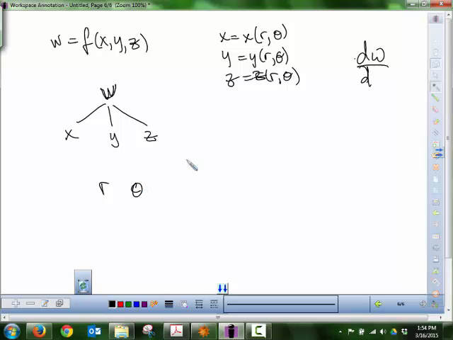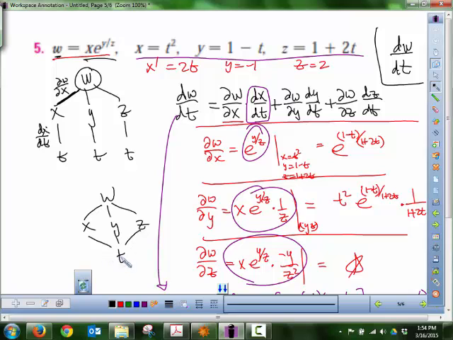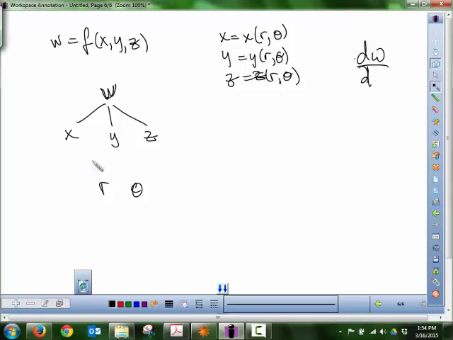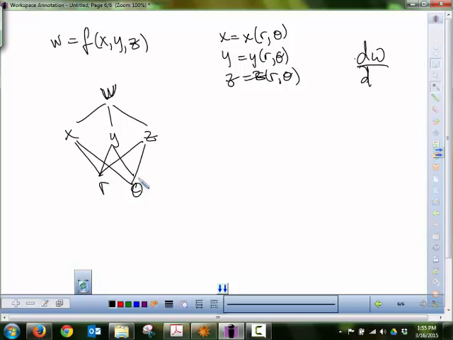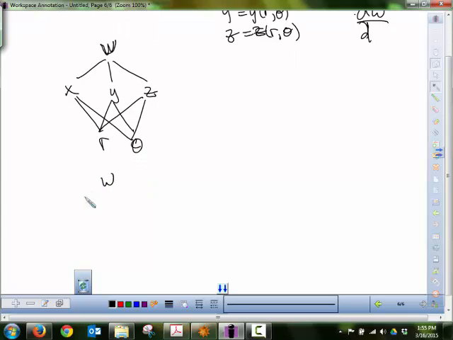And so this is where my tree notation that goes down to just one variable gets a little confusing, but it'll look cool because x is a function of those two, y is a function of those two, and z is a function of those two. That's a little confusing. So the book does it like this. It'd probably be easier to read and label if you need to label it: r theta, r theta, r theta.